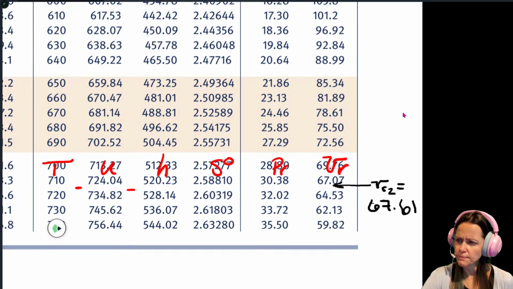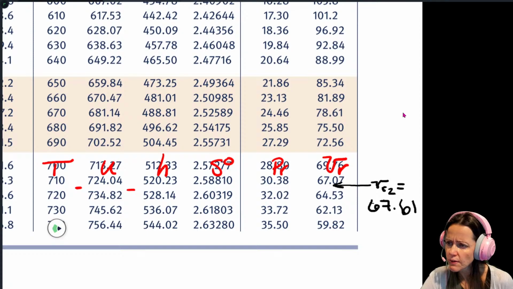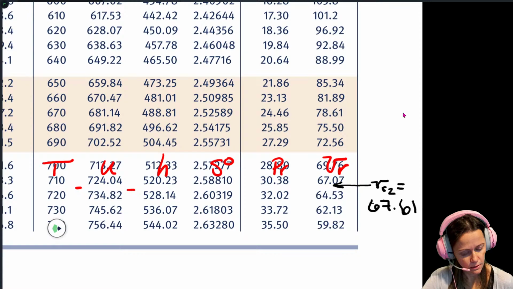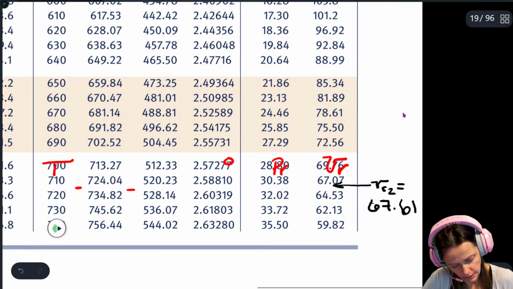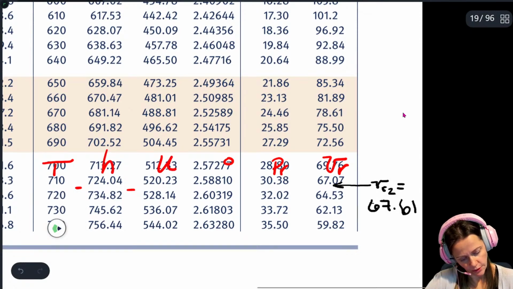And so, is that right? Actually up here, isn't it? Oh, I'm so sorry. This one is mixed up. Apologies. This is our H value. This is our internal energy.